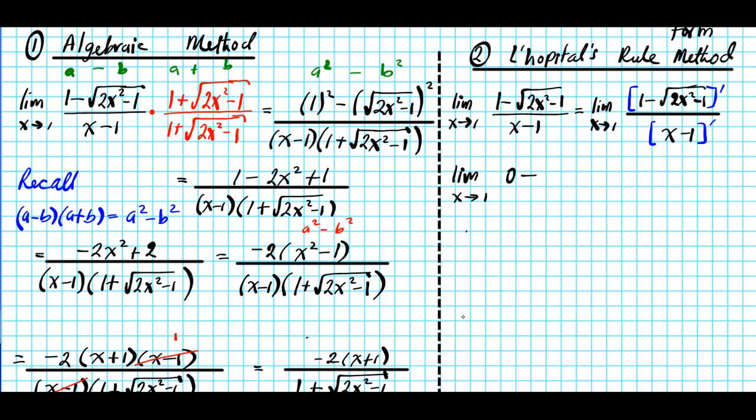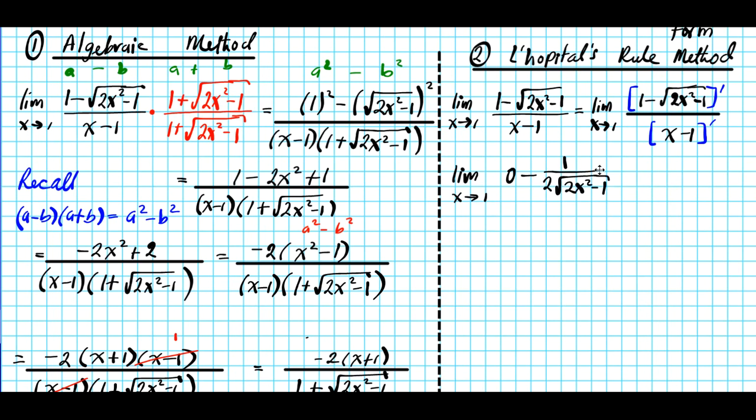Now let's go ahead and apply it. If we apply the chain rule here, for the radical function, the outer function, we have 1 over 2 root u. U is 2x squared minus 1.